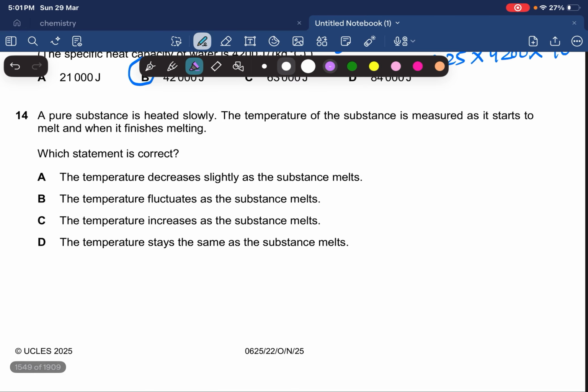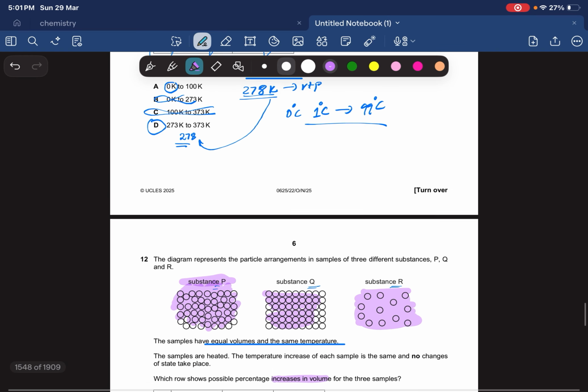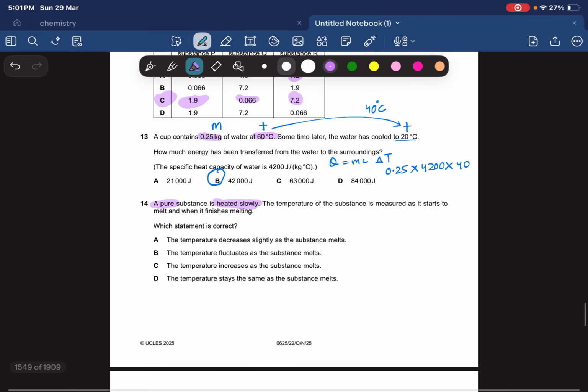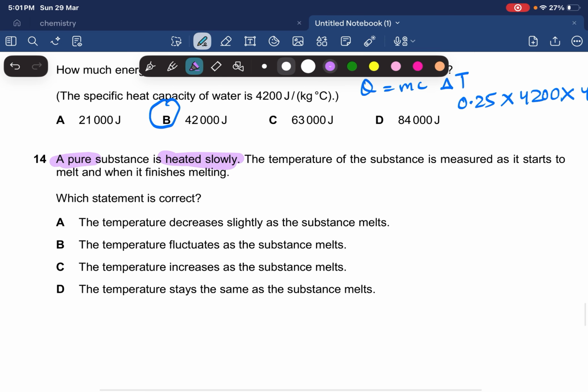A pure substance has a fixed melting and boiling point and is heated slowly. This is feeling more like a chemistry paper than a physics paper, because of a lot of thermal energy questions. The temperature of the substance is measured as it starts to melt and when it finishes melting. Melting, freezing, boiling all happen at a fixed temperature, so the temperature is not going to increase.